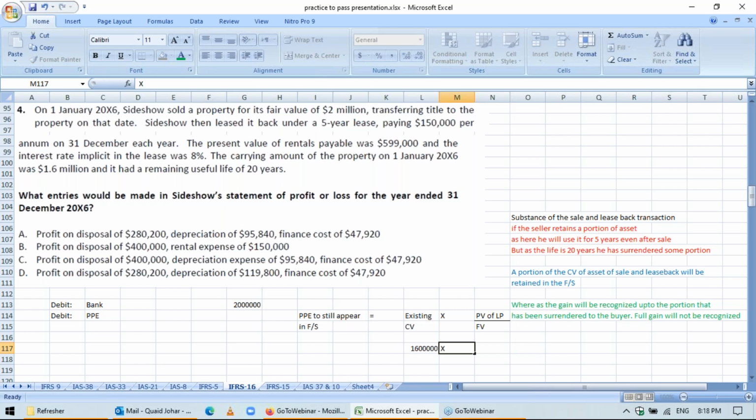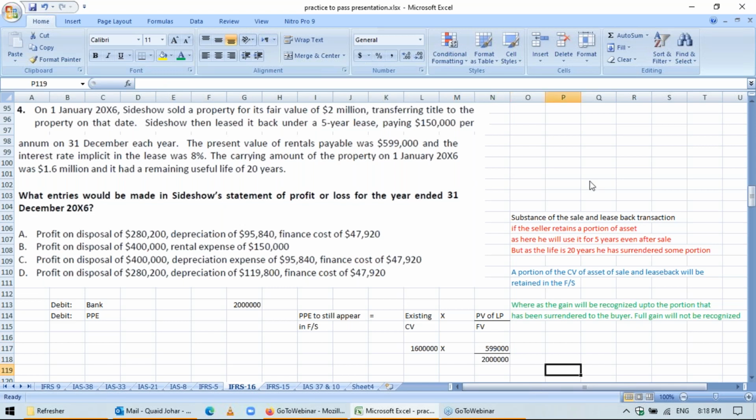That is how much he's going to pay. So what he's going to pay is the present value of rental, 599,000. This is excluding interest, and the fair value is 2 million. So what does this mean? If he's paying only 599,000 out of 2 million, it means he has retained this much of the portion.